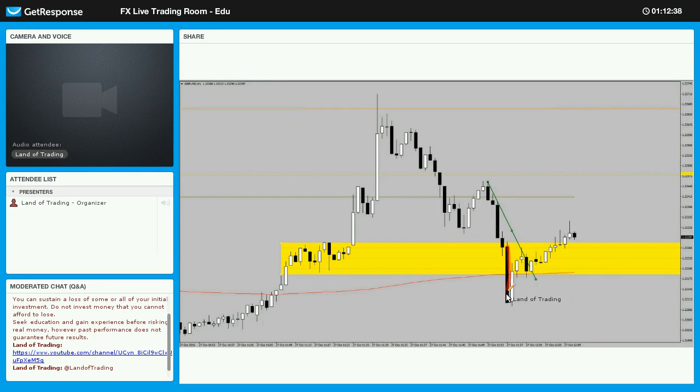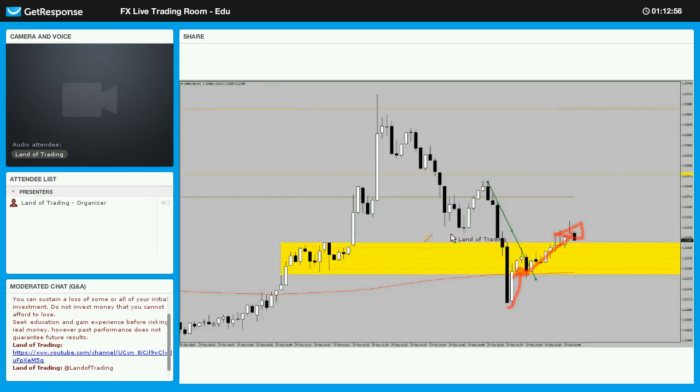Otherwise, if this candle was selling only, we should see continuation to the downside. The next candle up, and we are trying to go higher here.